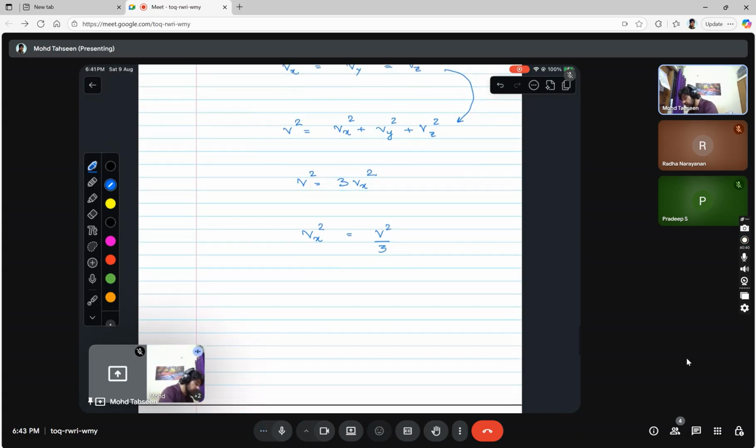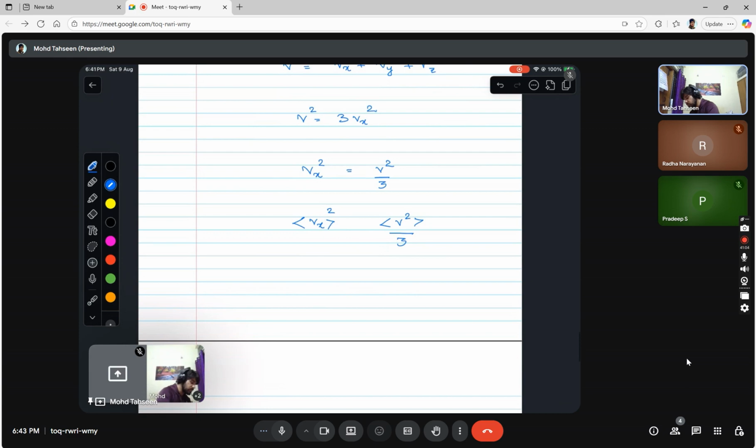And now, so we can write that if we average over these velocities for all particles, this is for a single particle, this is averaged for all particles, we will get this relation. And this V here, as I said, V square is the mean square speed or mean square velocity.